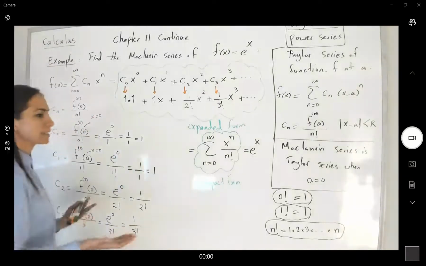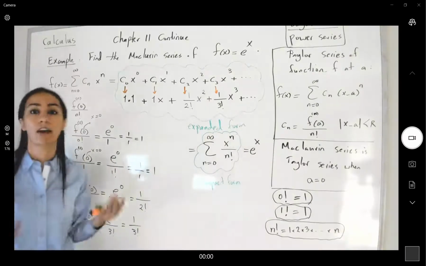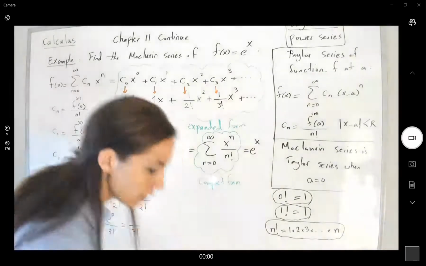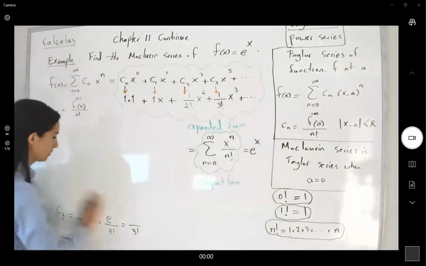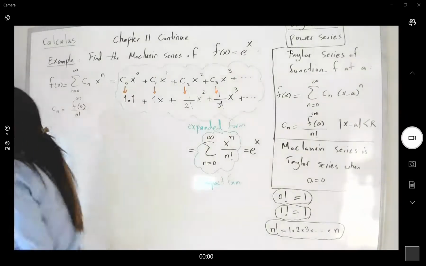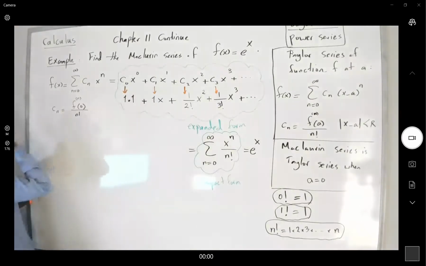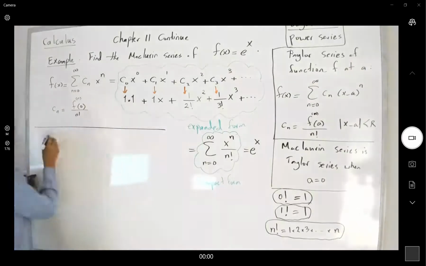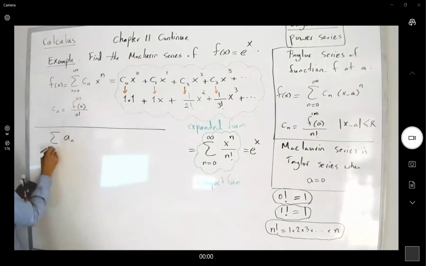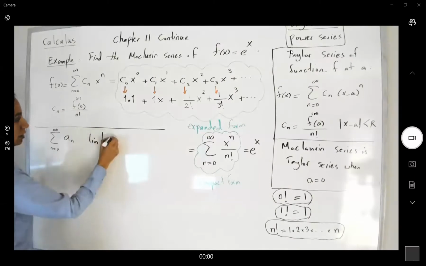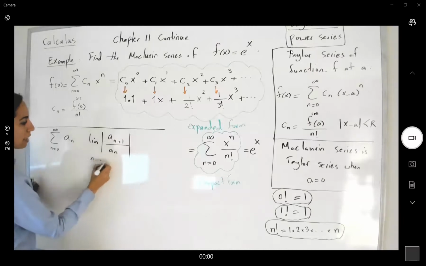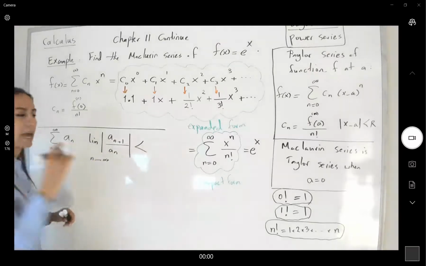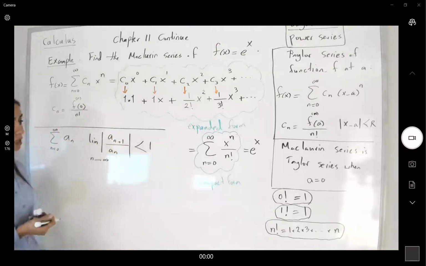Very well. So I expect you to ask, what is the radius of convergence? Well, to find the radius of convergence, you're going to get back to the tests that we learned before. Remember that for a series, the sum of a sub n from 0 to infinity, the limit of a sub n plus 1 divided by a sub n as n approaches infinity was equal to L, and L needs to be less than 1.